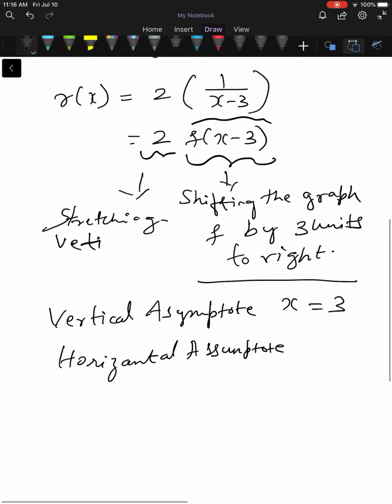Because all the transformation, the stretching, is applied vertically, there is no change in the horizontal points of the graph 1 over x. So the horizontal asymptote is the same as that of 1 over x, that will be y is equal to 0.